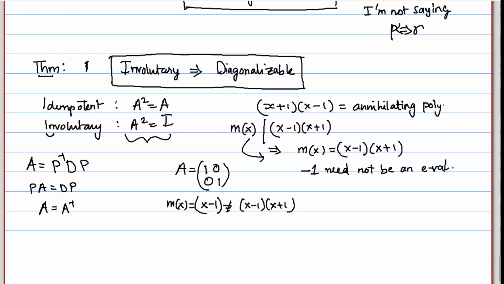Okay, fine. Suppose A is not that. Then what can we say? Minus 1 has to be an eigenvalue.